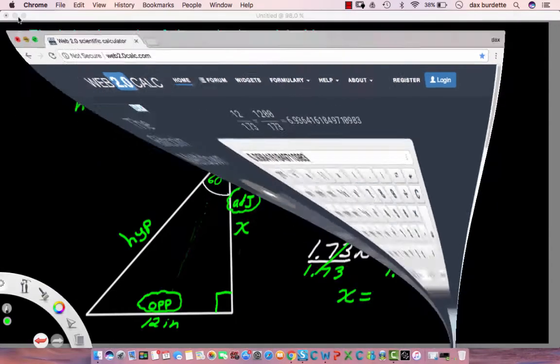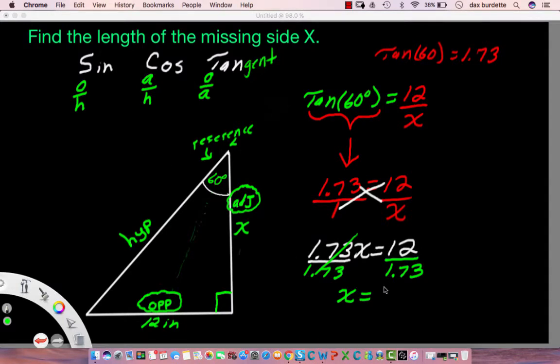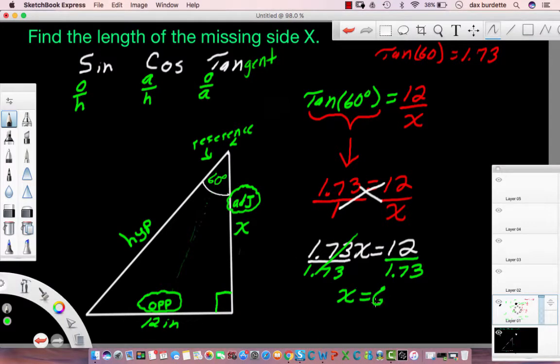So I'm going to write 6.94. It's almost 7. So we're going to say that this height has to be 6.94, and our units are inches tall, if this angle is going to turn out to be a 60-degree angle.